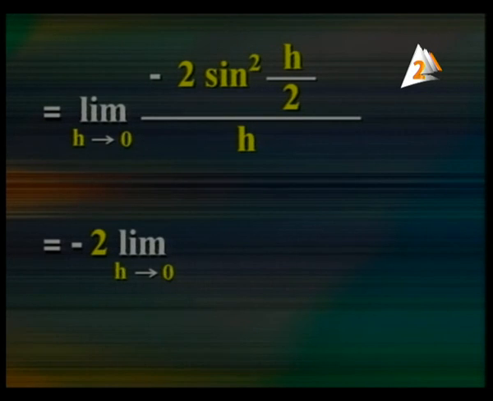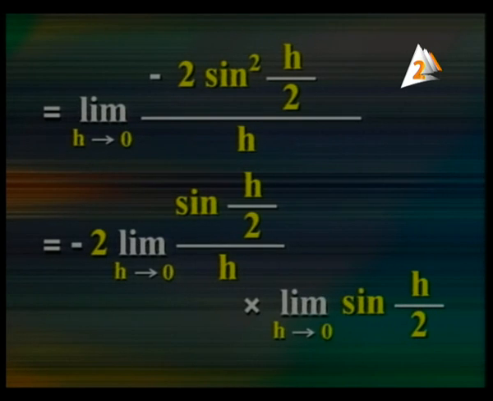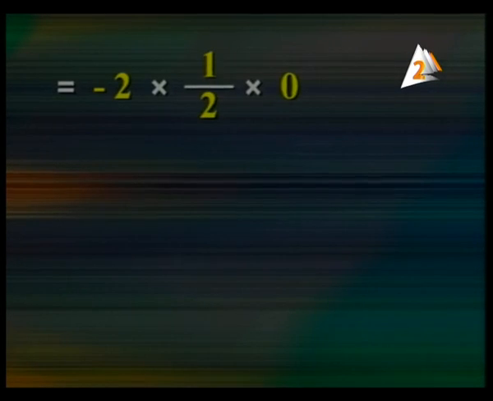Equals negative 2 times the limit of sine h over 2 over h times the limit of sine h over 2, which equals negative 2 times half times 0 equals 0.